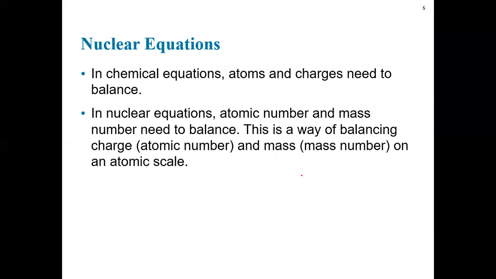So the nuclear equation is a little different from the chemical equations. In a chemical equation, atoms and charges need to be balanced, and this still happens in the nuclear equation, but we will use a slightly different way to balance charge and mass.